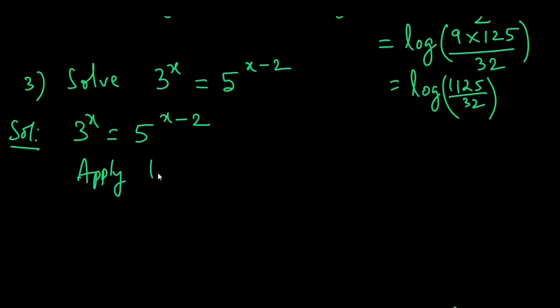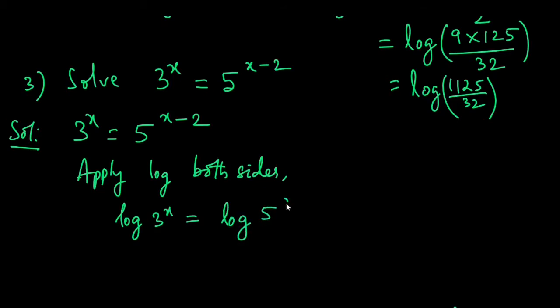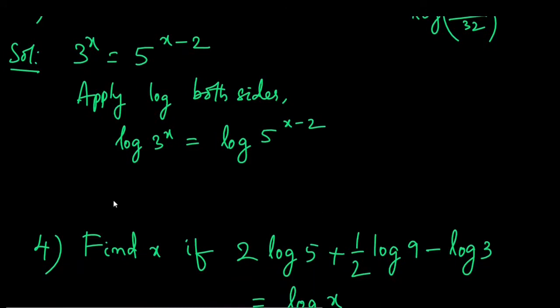Apply log both sides. Taking logarithms both sides, we get log 3 power x is equal to log 5 power x minus 2. So here x into log 3 is equal to (x minus 2) into log 5.